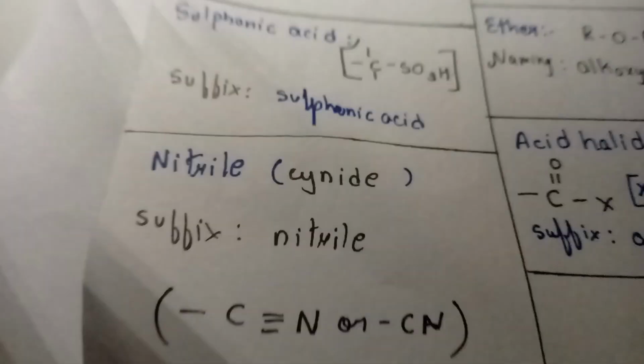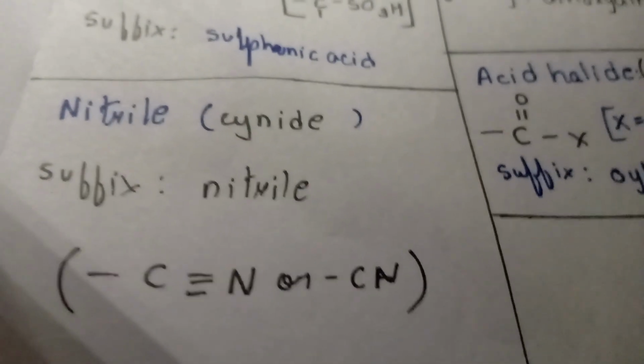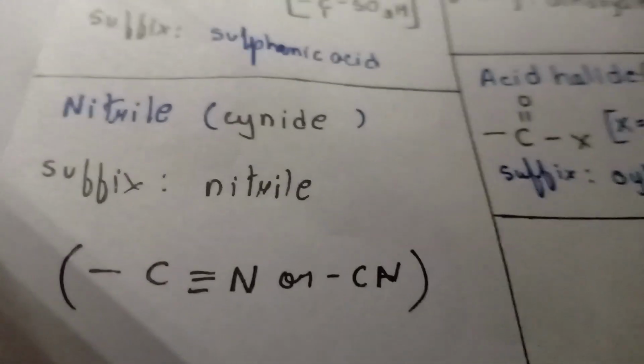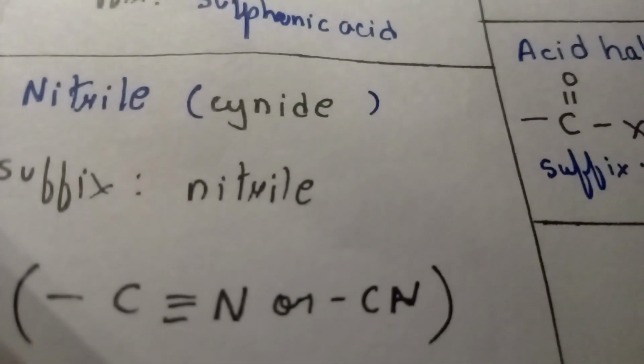Nitrile, also called cyanide, has the suffix nitrile, and the bond will be carbon single bond to carbon, triple bond to nitrogen.